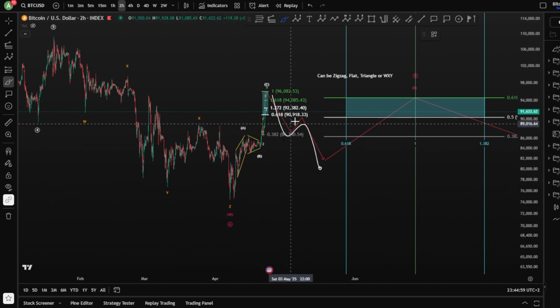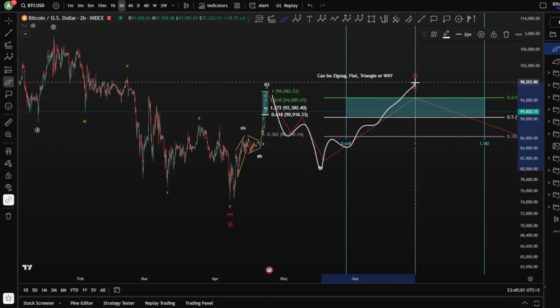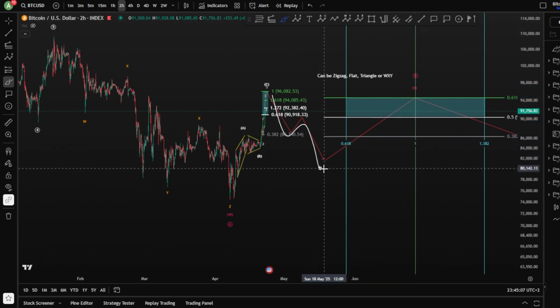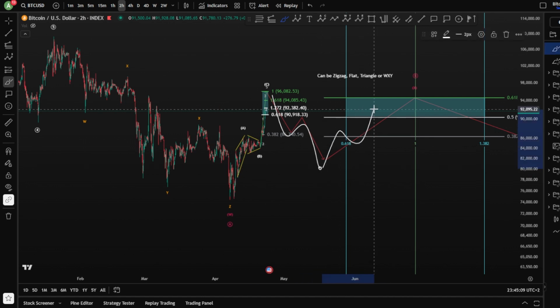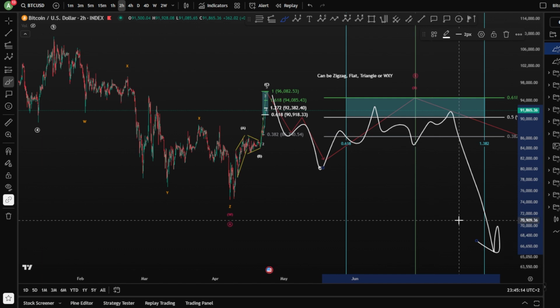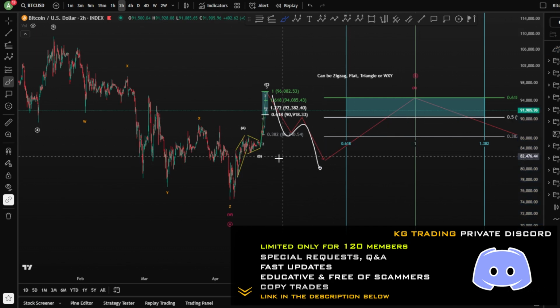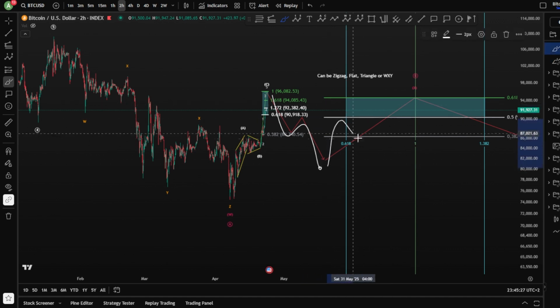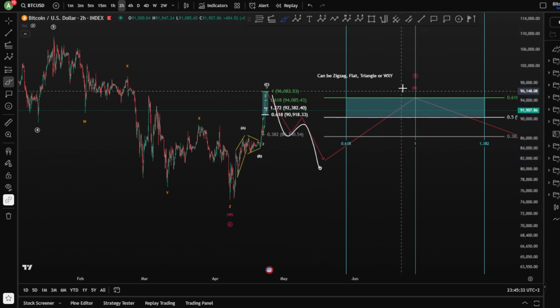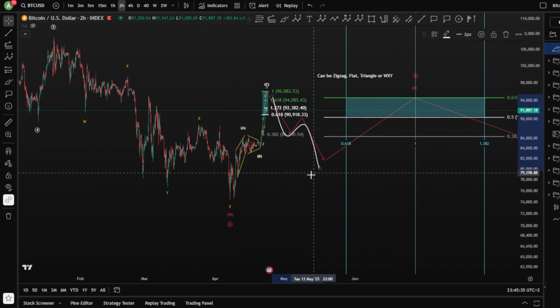We have three waves up, three waves down, and then 1, 2, 3, 4, and a 5 to finish the first scenario as a flat for a wave B. The second scenario, after those three waves down, you get three waves up, again three waves down, up, and continue, of course, the market toward the downside, which is a triangle for a wave B. The last scenario is that you got your W, you got an X here, you get another Y here as a flat, or as a triangle again, or as a zigzag to finish a wave B. So it might be a very complex structure.